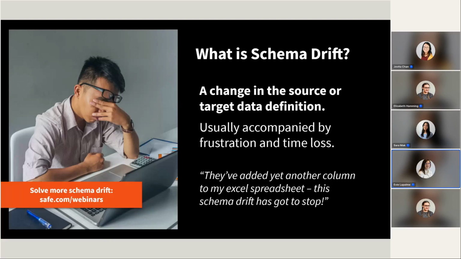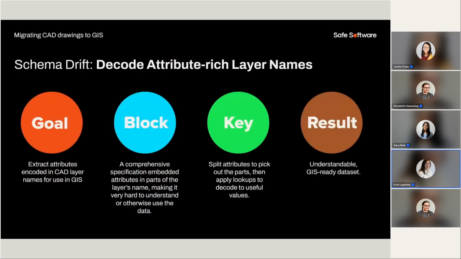So we are going to show you a little bit about how to do this with our decode attribute-rich layer names example. This example has been used in the previous webinar. I've changed it slightly to show you an alternative way, but we are going to extract attributes encoded in a CAD layer name to use in GIS.